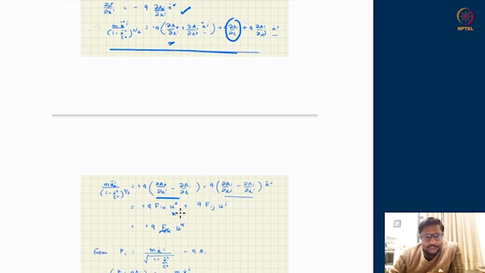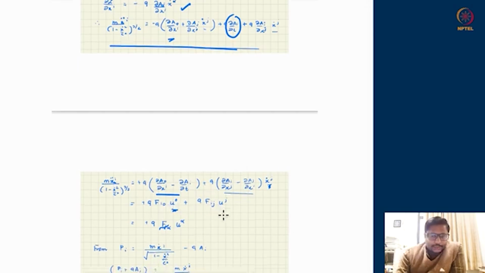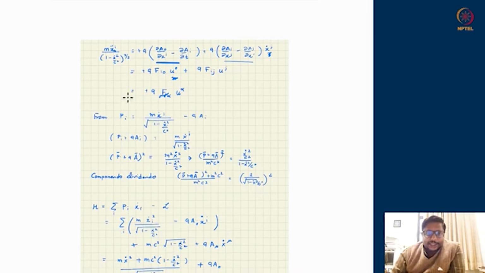Remember, u0 was dt upon dt. This is Newtonian velocity, so that is why this is 1. And this is xj dot, which is uj. So ultimately, you see the two terms are Fi0 u0 plus q times Fij uj. Collectively, it is q times Fi alpha U alpha, where alpha is summed over 0, 1, 2, 3.